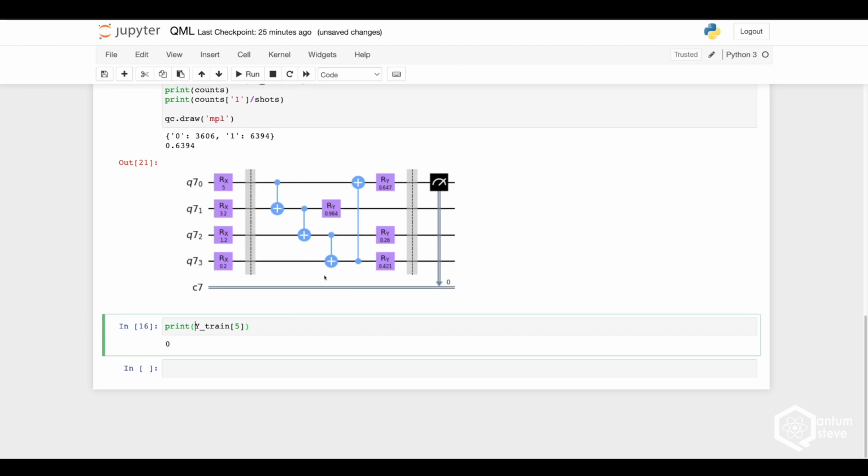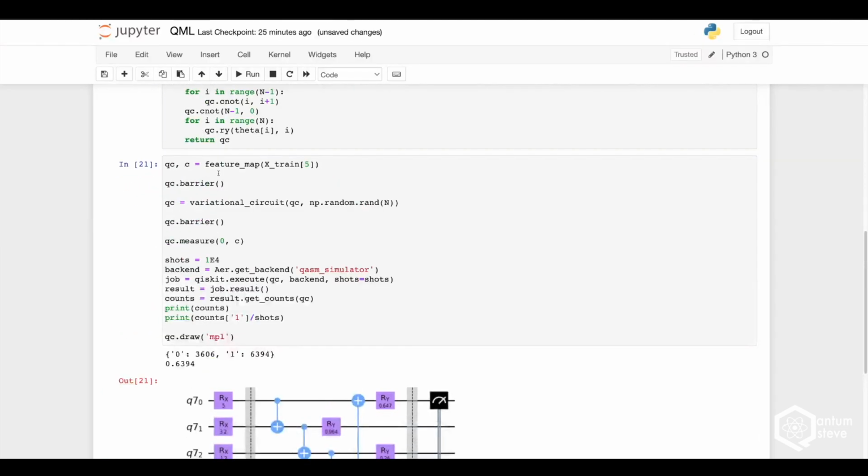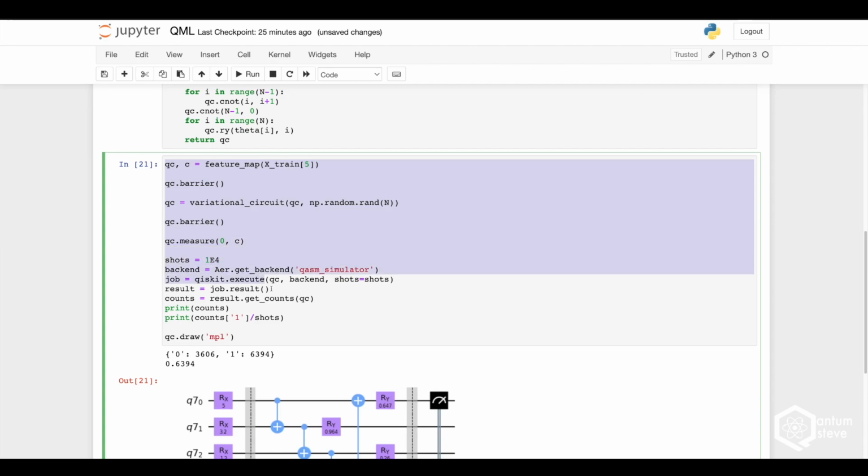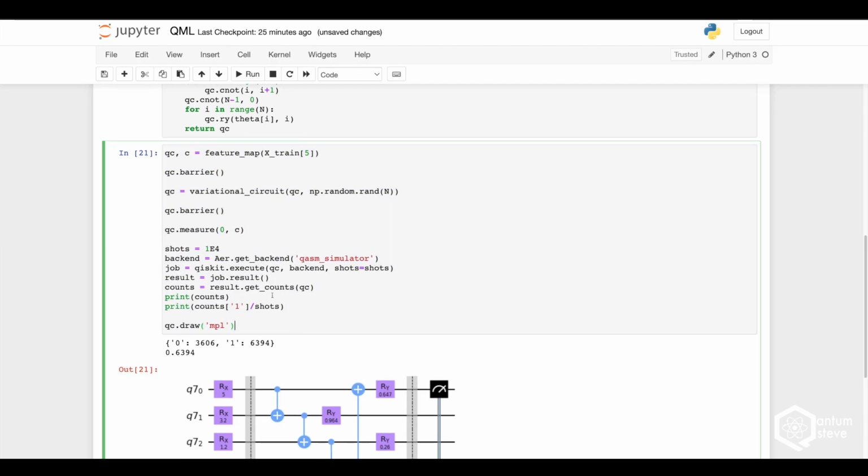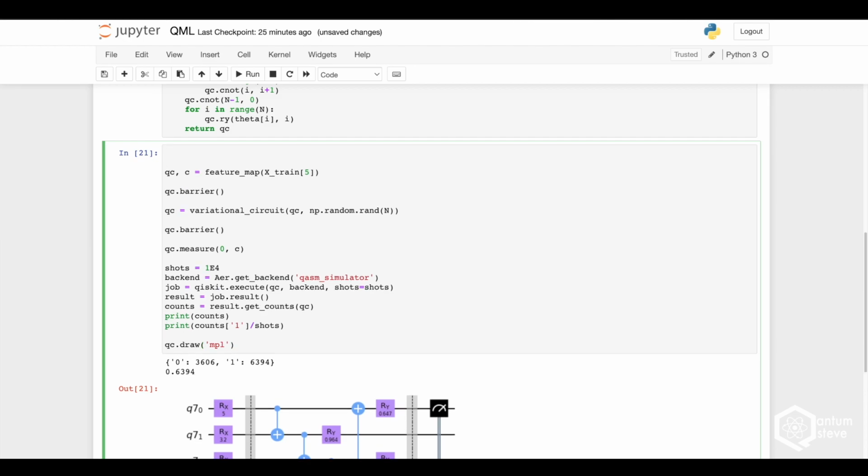They're just random values. So now we could basically put all of this into a function, the quantum neural network function. And this is then basically producing the prediction of our quantum neural network. So let me put all of this into a function.